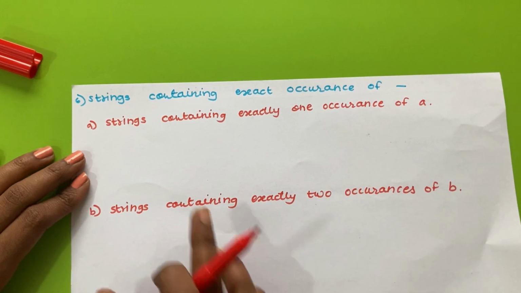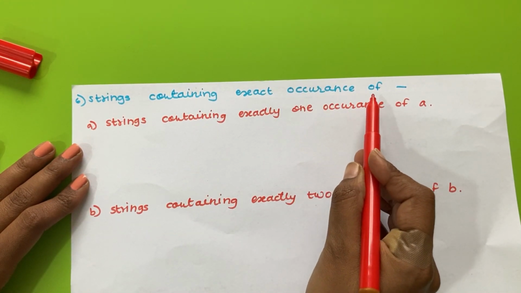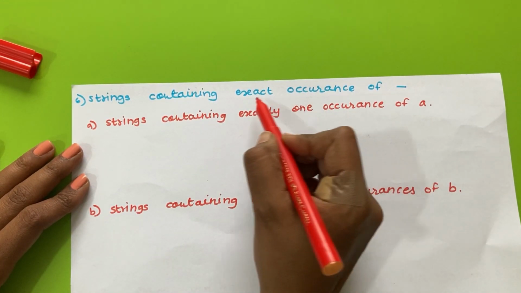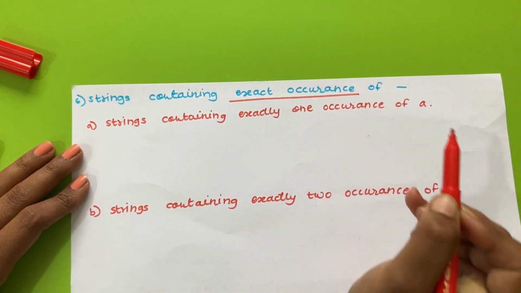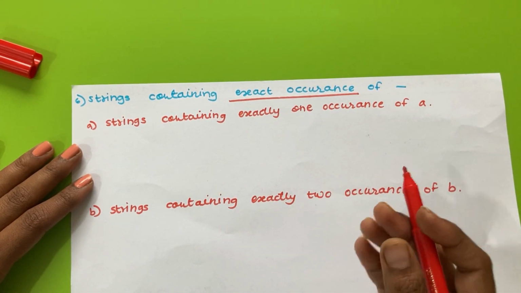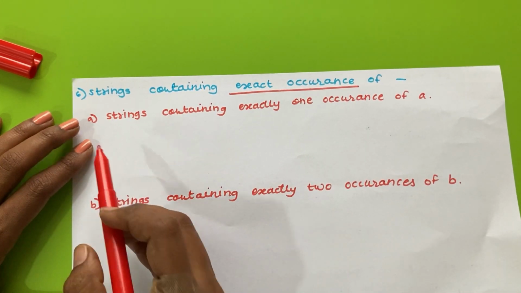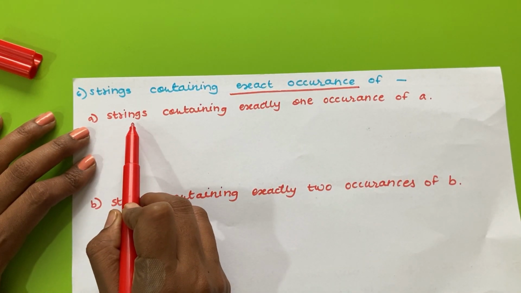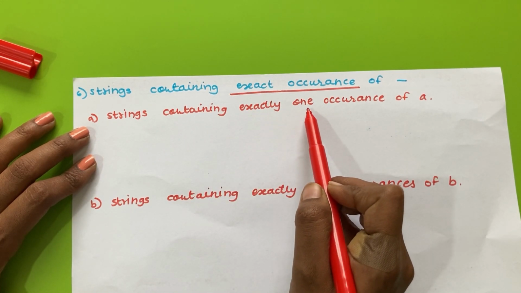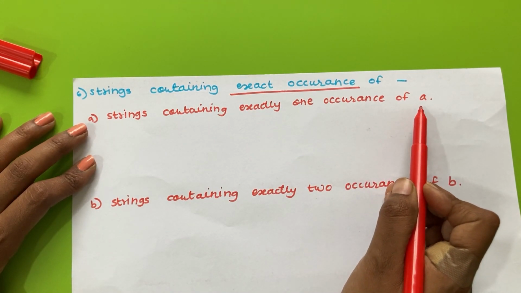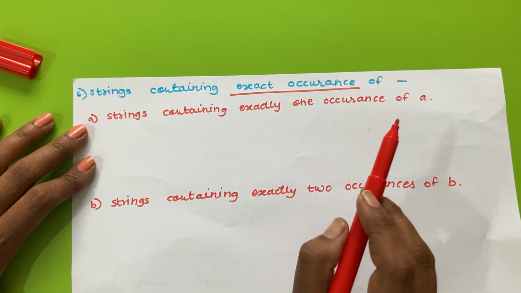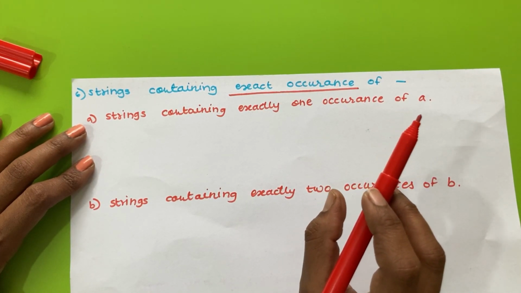So the strings containing exact occurrences of, okay, so if we have the condition like exact occurrences of, then we should follow these hints. Okay, so first condition is what? Strings containing exactly one occurrence of a, means in whole string I just want a single time.